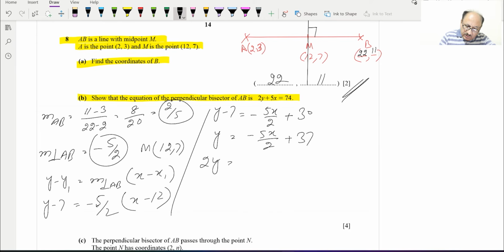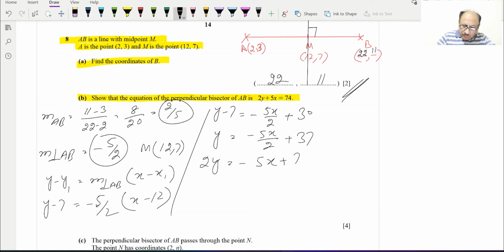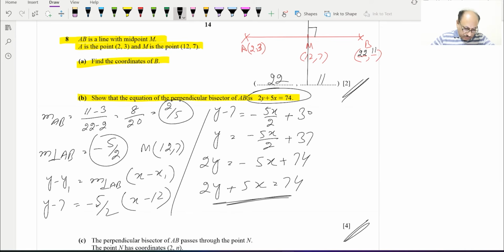So 2y is equal to minus 5x plus 37 multiplied by 2, which will be 74. We can write it in this format: 2y plus 5x is equal to 74, and this is what we needed to prove. This is a 4-mark question which is done.